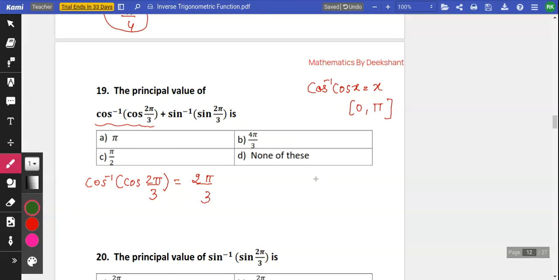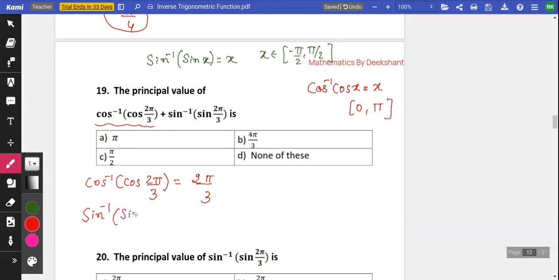And sine inverse sine x is equal to x only when x belongs to minus pi by 2 to pi by 2. In this case, 2 pi by 3 is not lying in the range of minus pi by 2 to plus pi by 2. So we try to convert it into the range of minus pi by 2 to plus pi by 2.